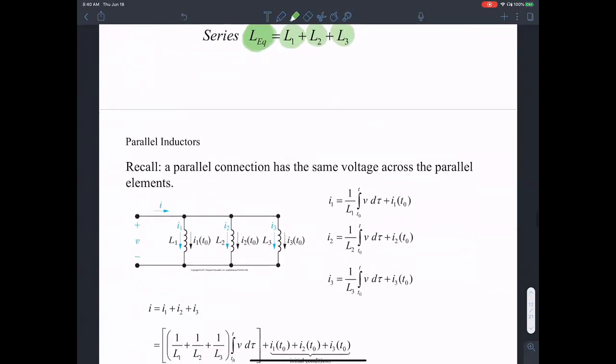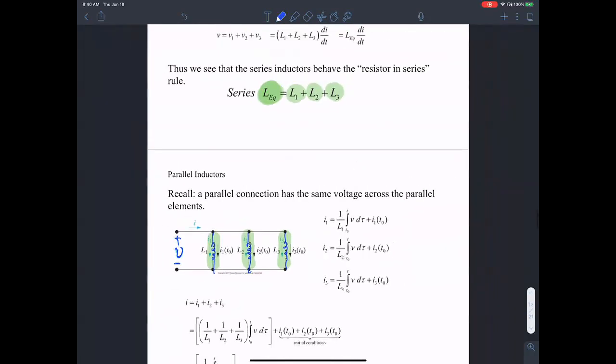Inductances in parallel behave similar to resistances in parallel. If you remember, when you have a bunch of circuit elements connected in parallel, the voltage across each of those elements remains the same, a constant.